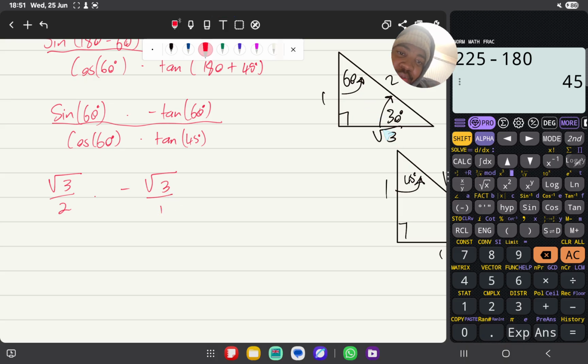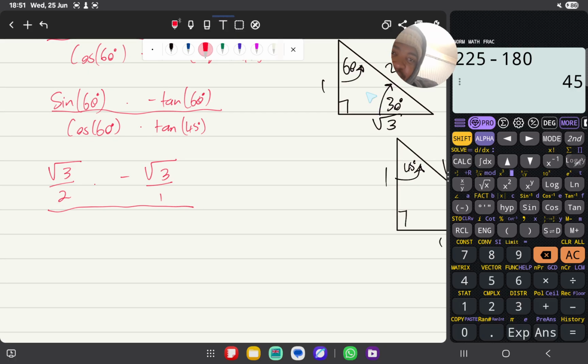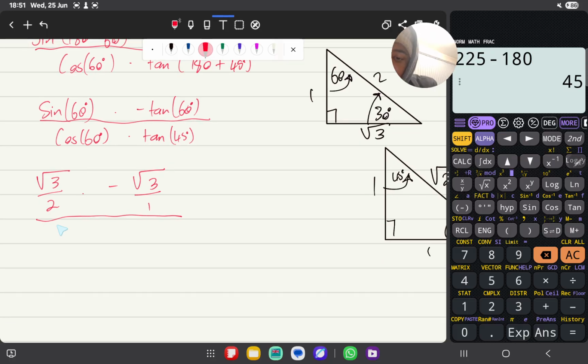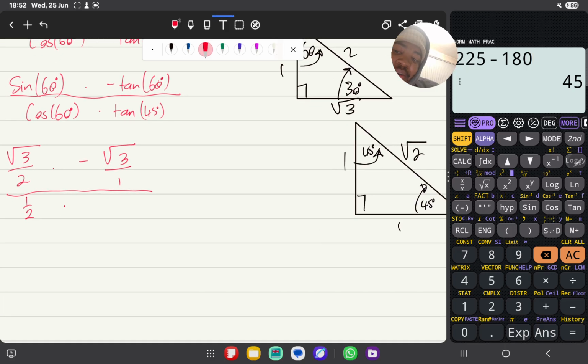Then we have all over cos 60, adjacent over hypotenuse, so that's 1 over 2, multiplied by tan 45, opposite over adjacent. It doesn't matter which 45 you are talking about, so this is just basically 1 over 1.